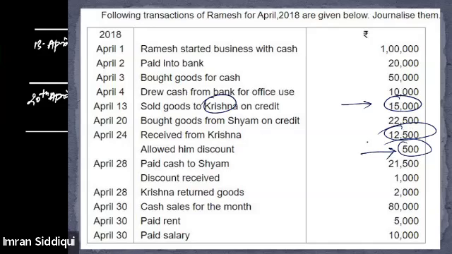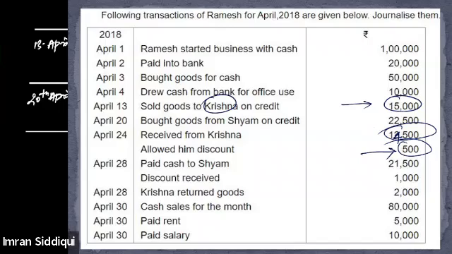Otherwise, it will be a technical error in the question. How can we accept only 12,500 and give a discount of 500? So I'm considering this value as 14,500 instead of 12,500.